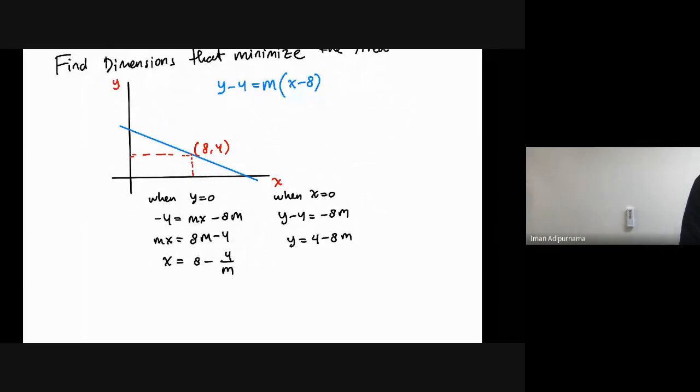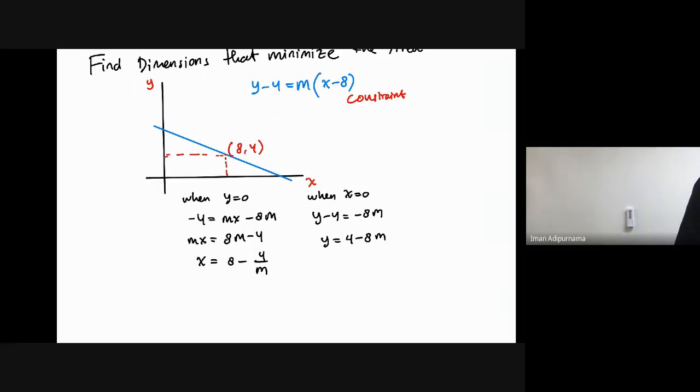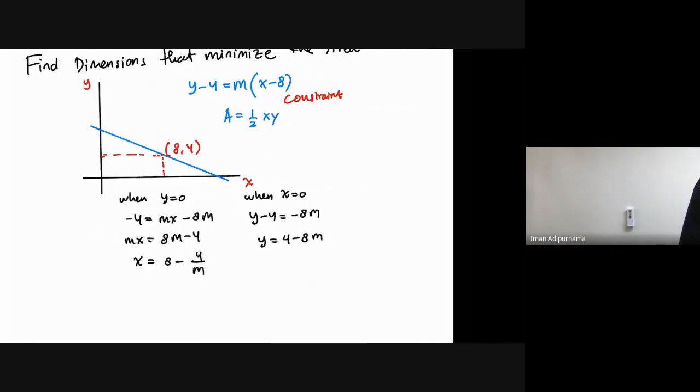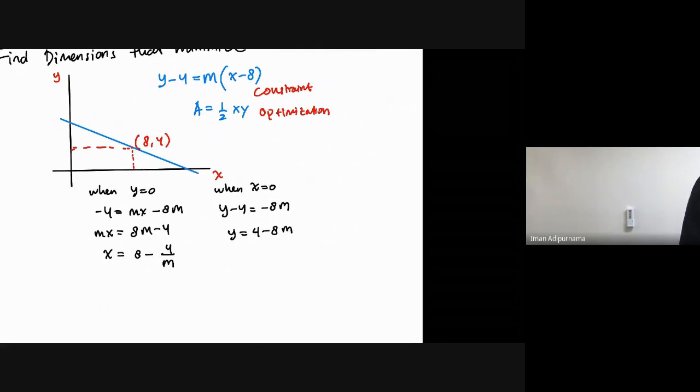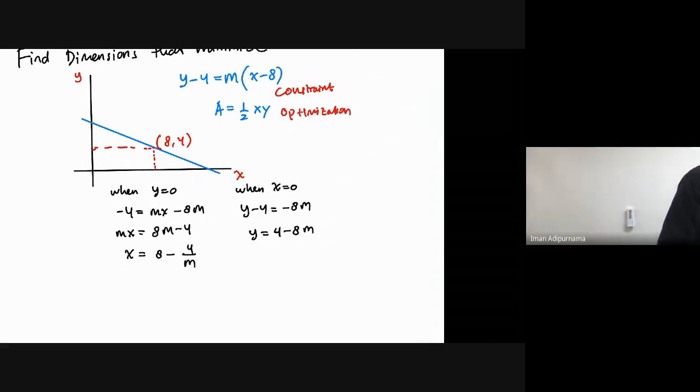Now, let's say this is your constraint, and your area is half xy. Let's say this is your optimization. So I've seen some of your work.